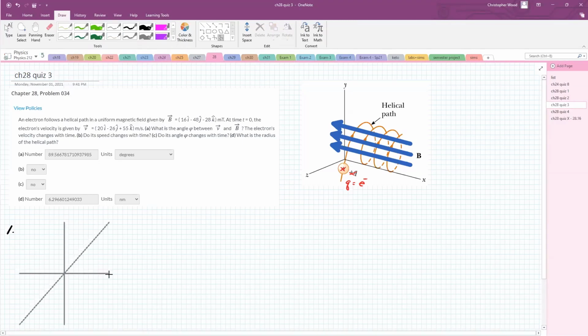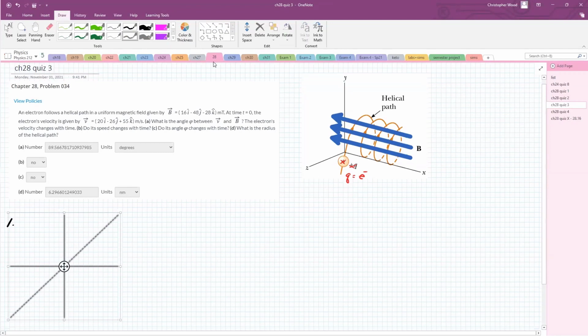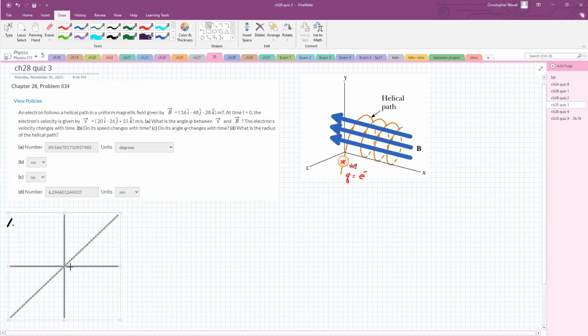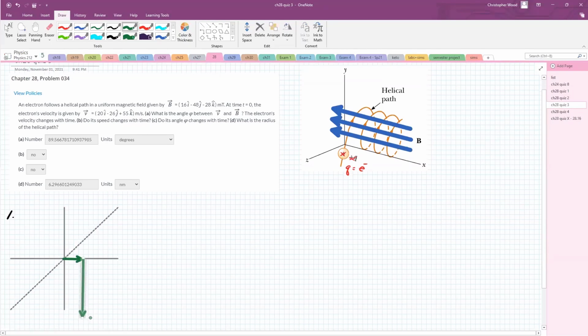Here's a three-dimensional coordinate system. Here's my magnetic field. My magnetic field has these coordinates. It has 16 millitesla in the I hat direction. Fine. It has negative 48 millitesla in the minus Y direction, and it has minus 28 K, something like that.